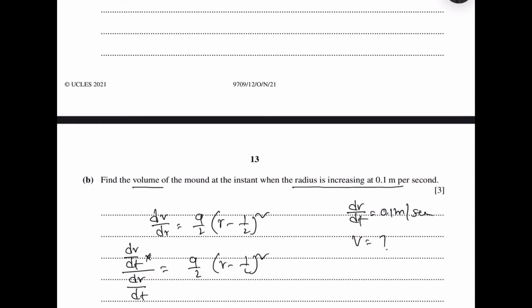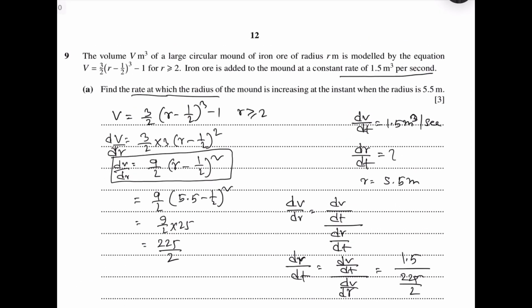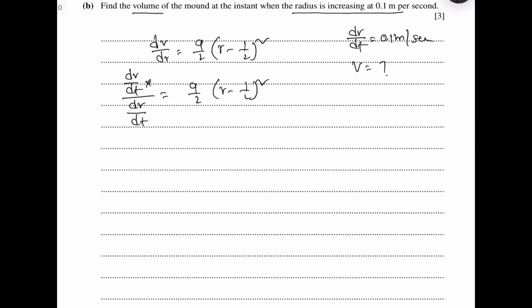So dv by dt is given in the main question as 1.5 meter cube per second. So let me write here 1.5, and dr by dt is 0.1, equals 9 by 2 (r minus 1 by 2) whole square. So we can find out the radius from this.